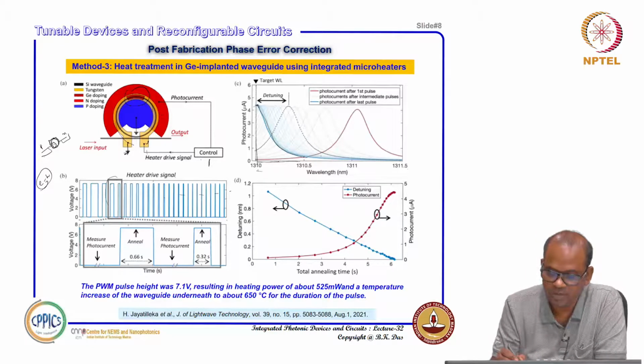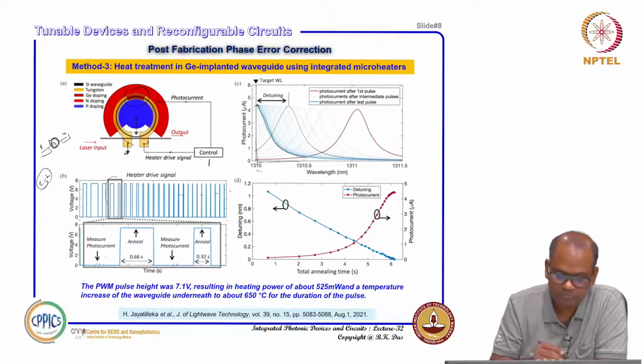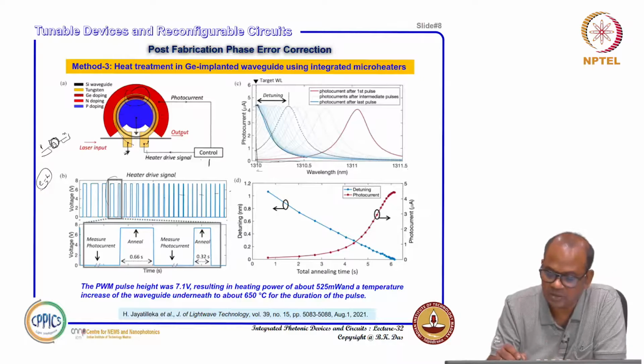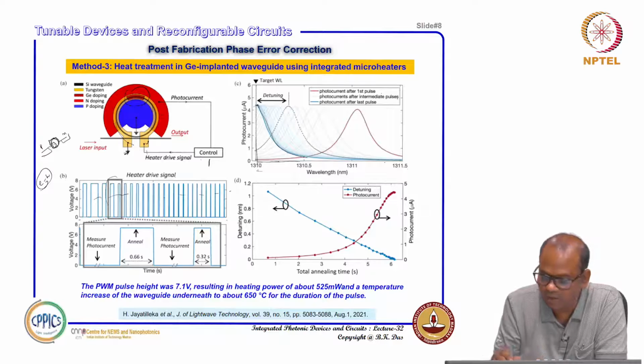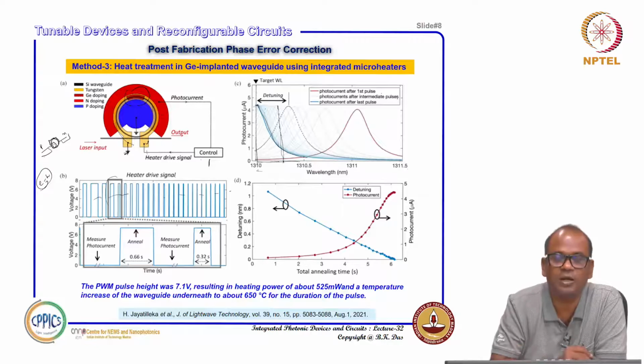Okay. Now what you do, after the first pulse, this is showing the photocurrent after the immediate pulses, you see again another pulse comes, then you see the photocurrent again shifting. Just looking into the wavelength sweep, where it is, for example, you are getting here, that means the resonance has shifted to this point. Here you are seeing the photocurrent maximum.